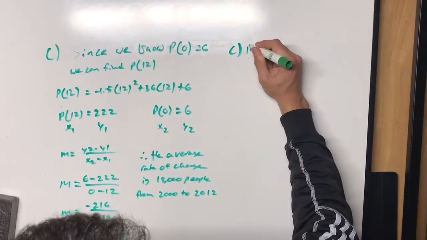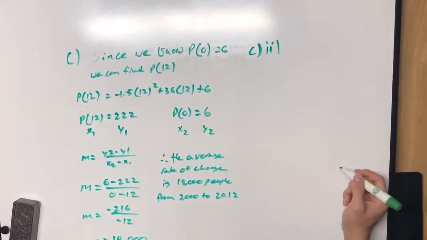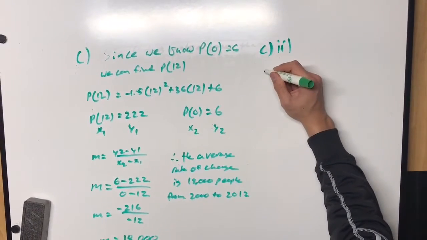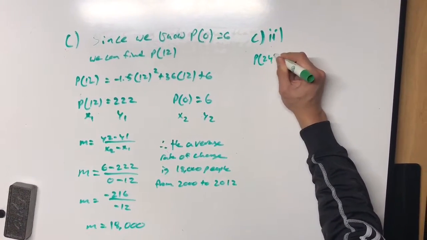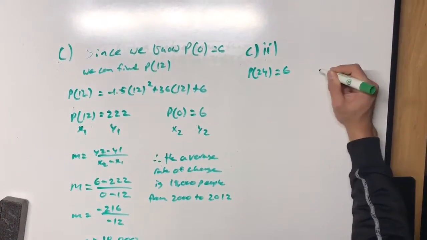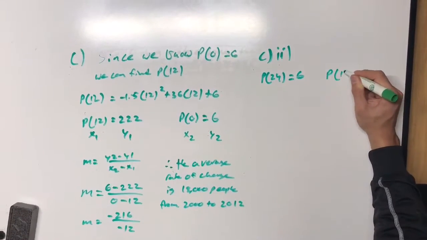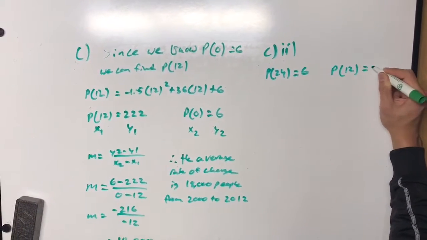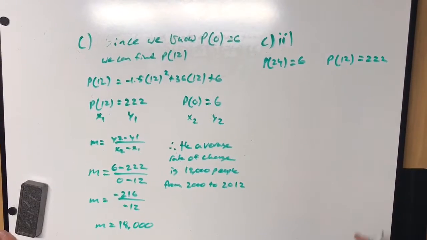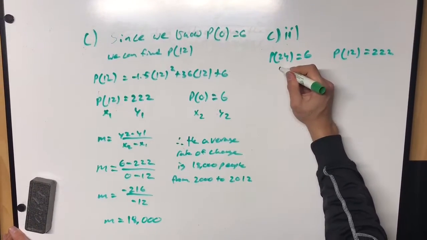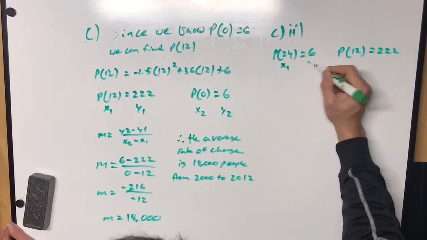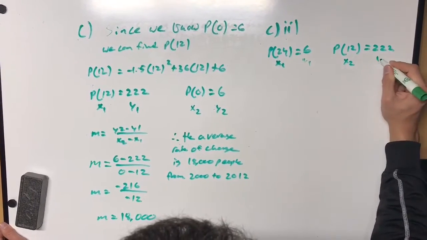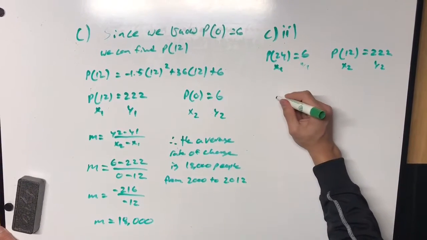Part 2 of this question, we're going to need to find the average rate of change from 2012 to 2024. So we're going to use P of 24 is equal to 6, and we know P of 12 is equal to 222. So P of 24 becomes x1, 6 becomes y1, 12 becomes x2, and 222 becomes y2.